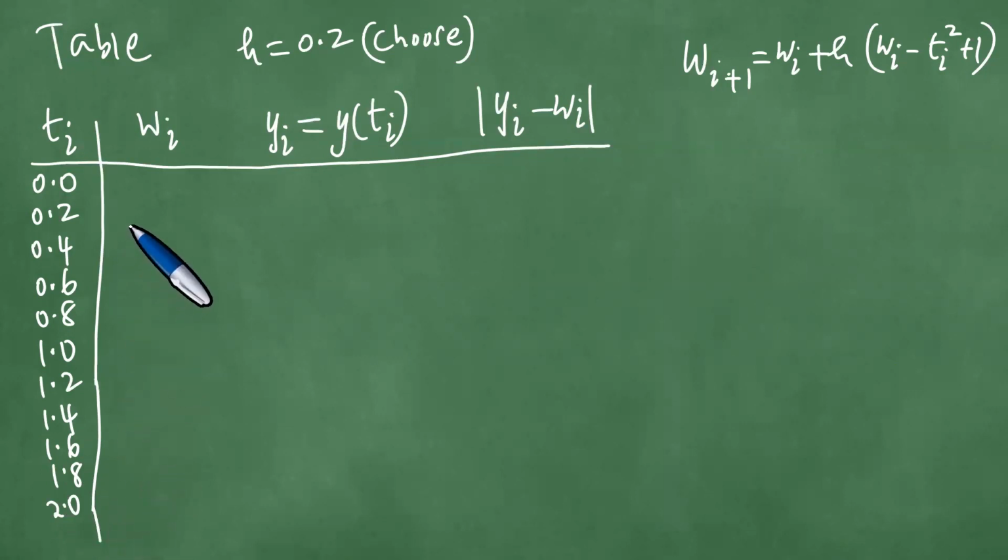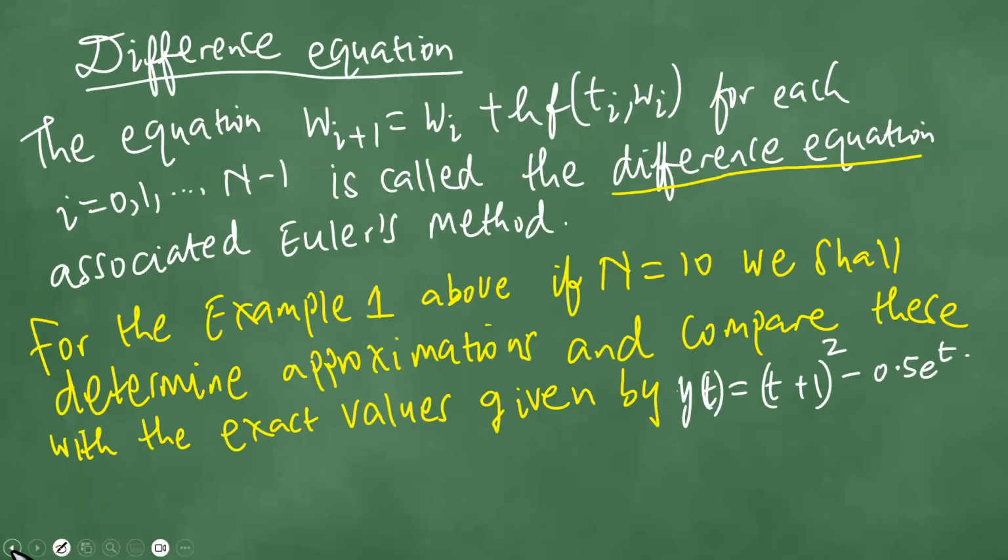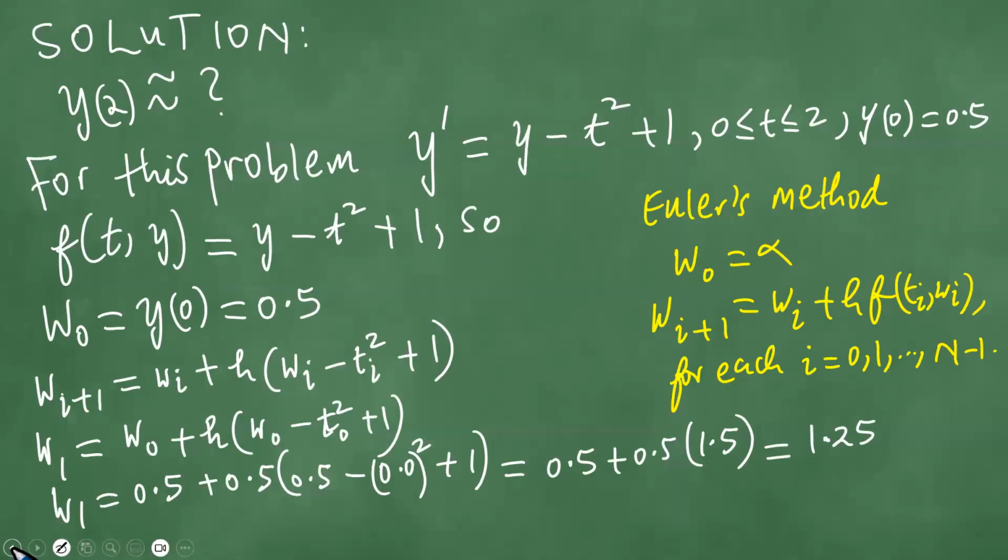And then we already know, at the beginning, W0 was alpha, the initial value, so W0 was 0.5 in this question.